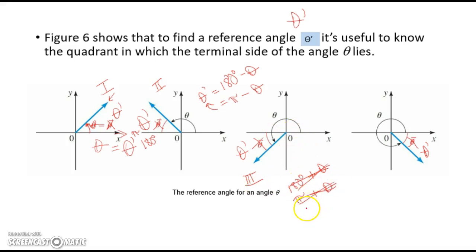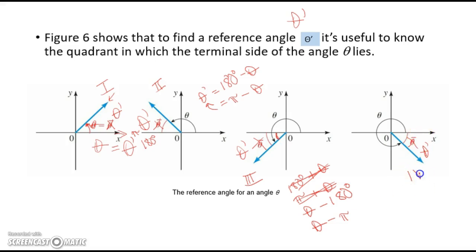In quadrant 3, we're going to take theta and we're going to take 180 degrees out of it, or if we're in radian measure, we'll take theta and subtract pi. And that's going to be the measure of this little angle right here, which is the reference angle.